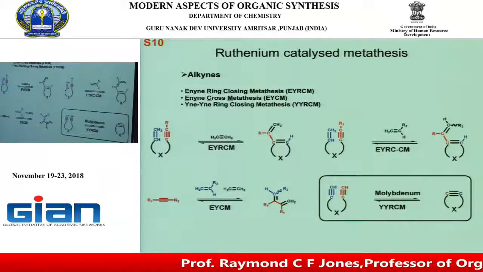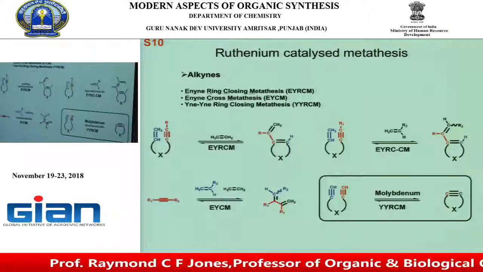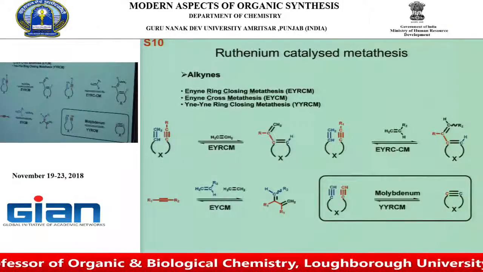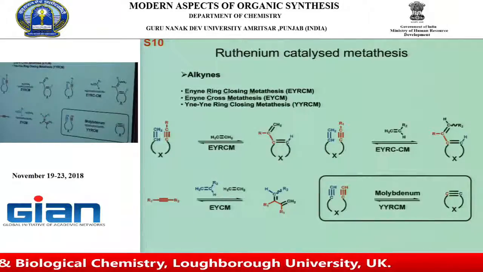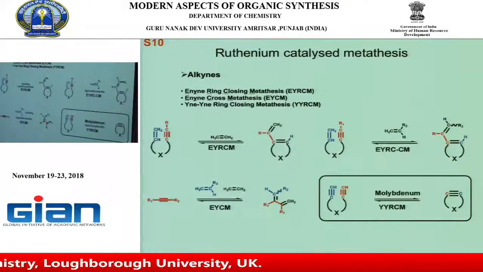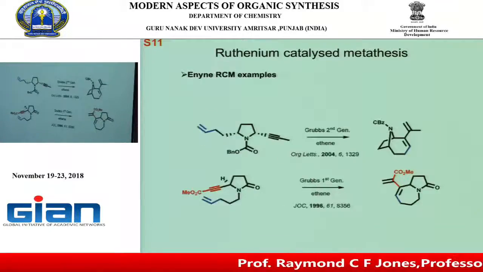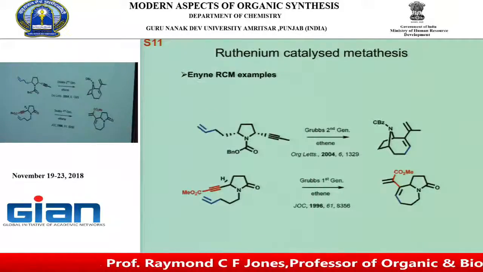So the linkage of the alkyne to one of the alkenes corresponds to the ring closing metathesis, and then this double bond CH2 corresponds to it being capped off with ethene. So we should see how that works; here are some other examples.